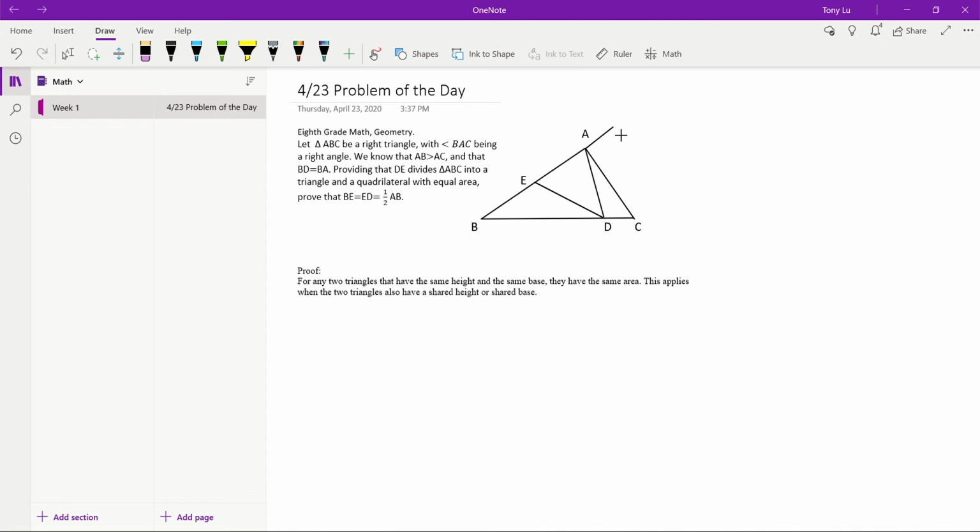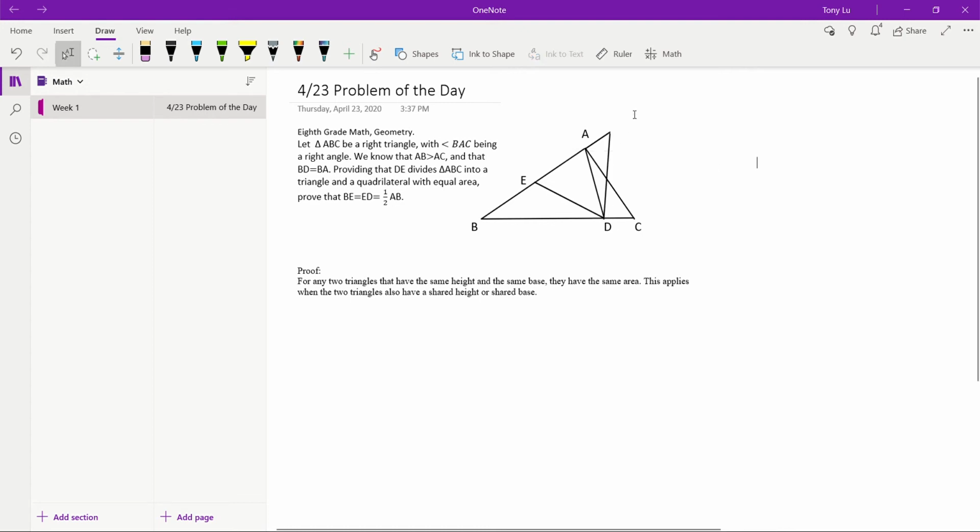So you choose a length that is equal to that of DC, then you connect this line that you extended to the original point D.